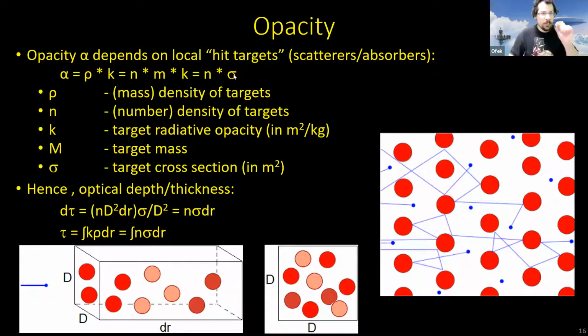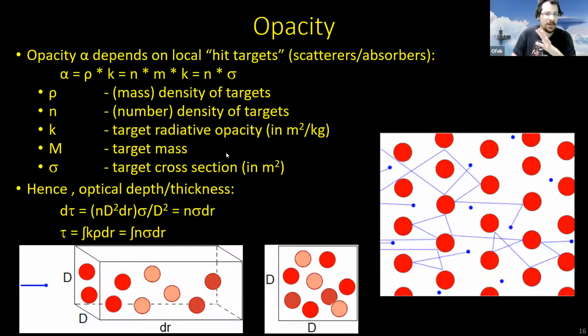And sigma will be the per target inherent property, which tells you how likely that single target is to scatter or absorb a photon. Some of you might have already heard in a similar context the name cross-section for this property sigma. Note this is not the same sigma as Stefan-Boltzmann's constant. The units are different.